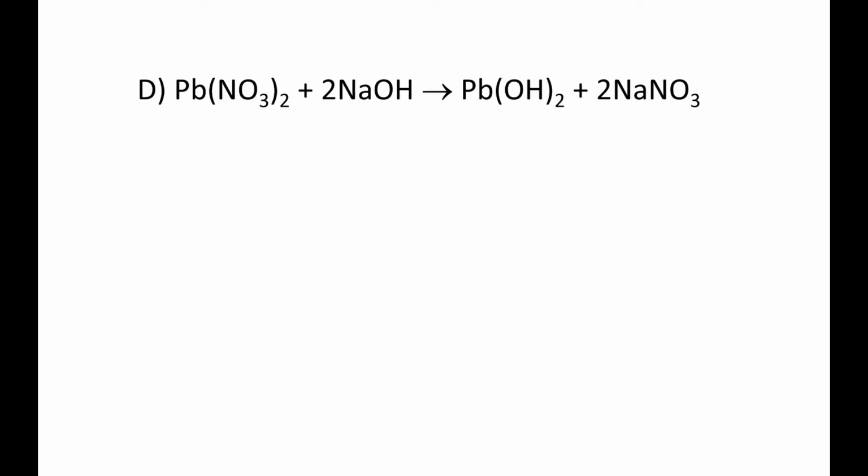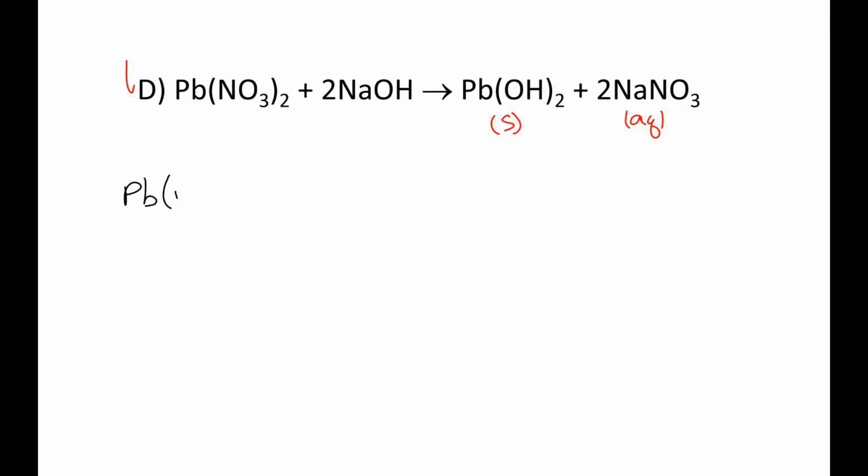Okay, last one. So let's look up lead hydroxide. Now when we find lead hydroxide, we find that it is a solid. And then of course sodium nitrate, I already told you anything with NO3 is automatically aqueous. But this one does work. So we're going to go ahead and rewrite it using the states.